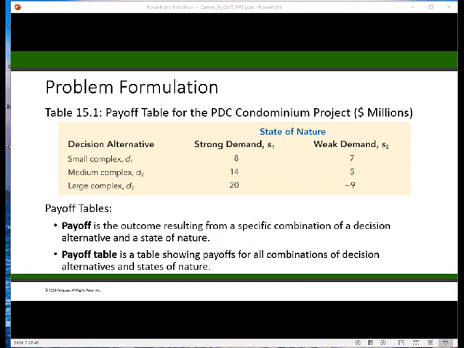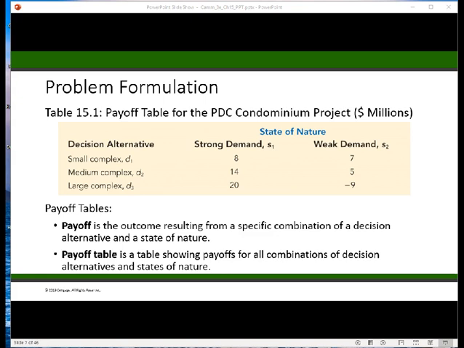The payoff table is going to show the payoffs for all the various combinations: small, medium, large complex, strong, weak demand. So we're going to have 3 decision alternatives times 2 states of nature, which gives us 6 possible payoffs. As you can see, if we get more and more complexity, we're going to grow extremely complicated models, and those tend to be very brittle.